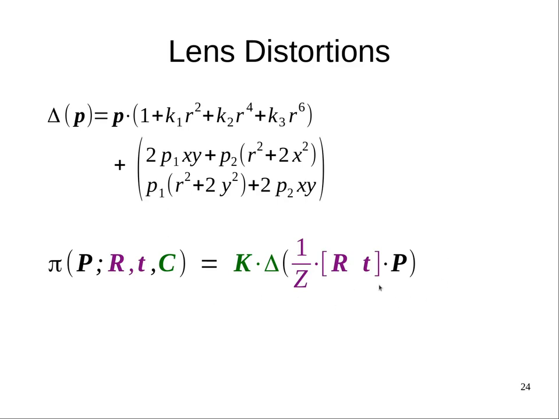So this is now the full camera model we will use for the remainder of the lecture, and let's talk now about how the full intrinsic parameter vector C looks like.